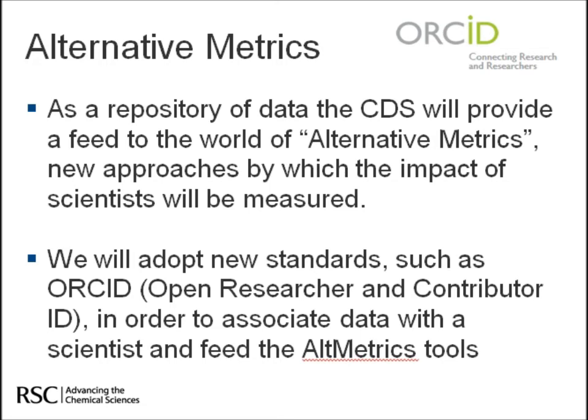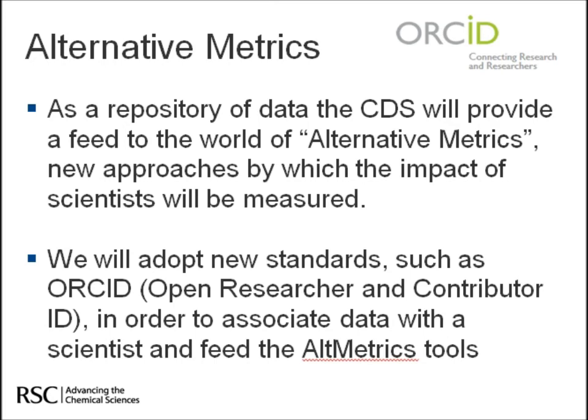We also live in a period whereby scientists are being measured in different ways. This is the domain of alternative metrics. And certainly we hope that by providing a place for scientists to store their data, to participate in the curation, annotation, checking of the data that are available on the CDS system, that we'll be able to track their contributions and also feed that information out to the domain of alternative metrics to truly measure where scientists are contributing, not only through peer-reviewed publication, but also in terms of their data contributions.